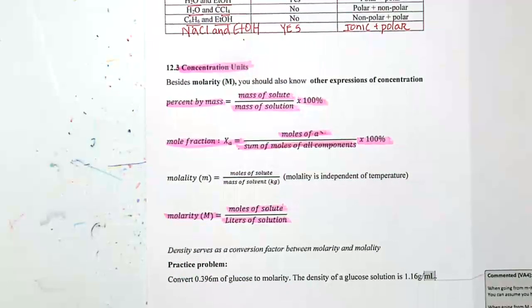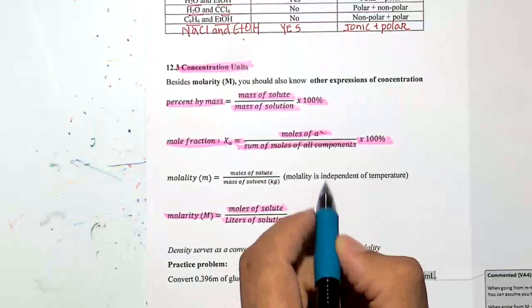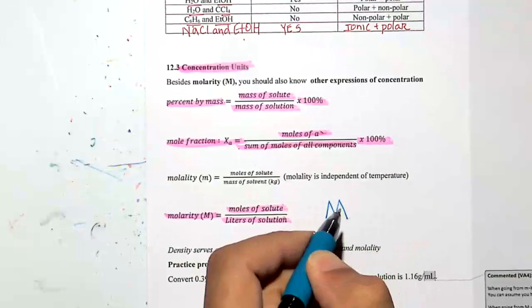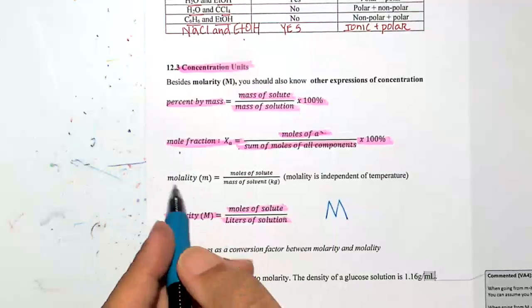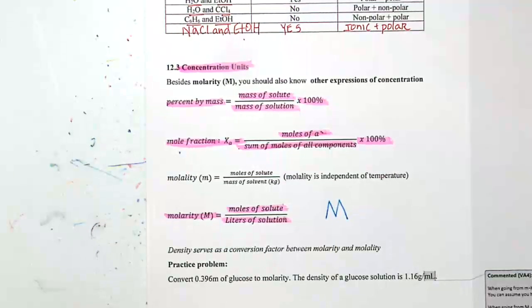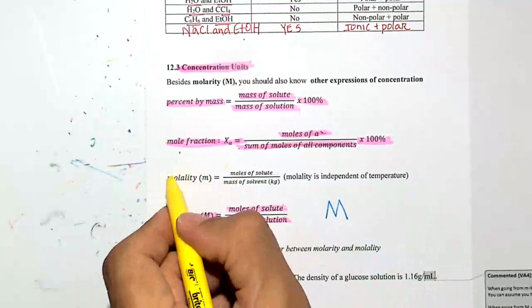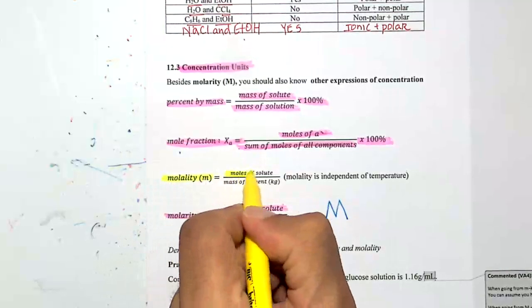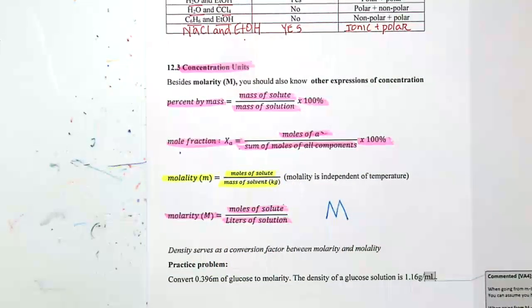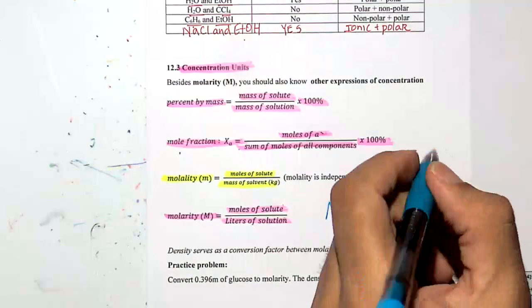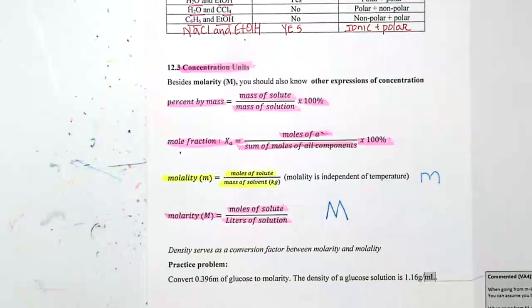In chemistry, the most common one is molarity, which we talked about in Chem 1, mole fraction, and then this new one, which is a little bit difficult, called molality. This is moles of solute over kilogram of solvent, and this is lowercase m.